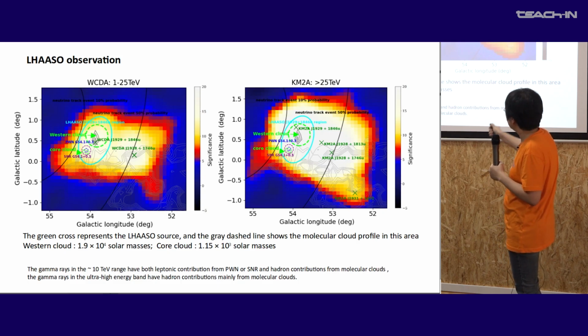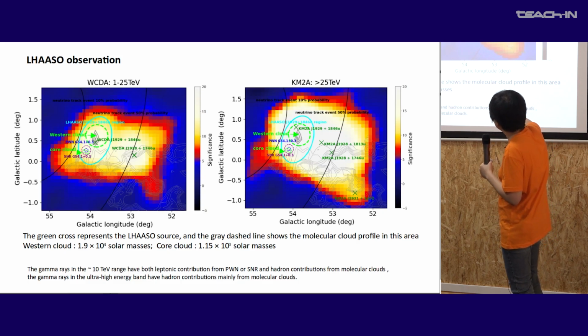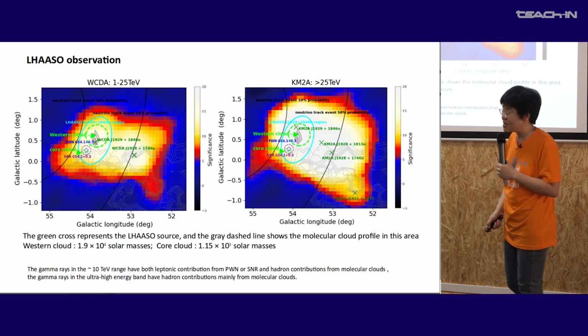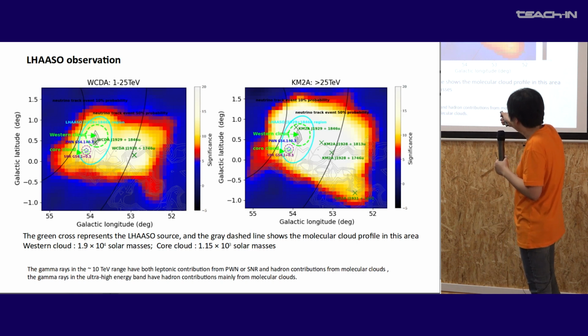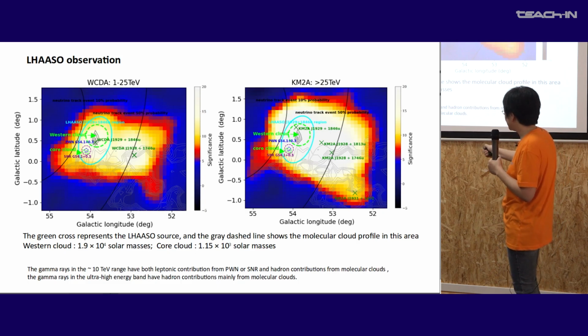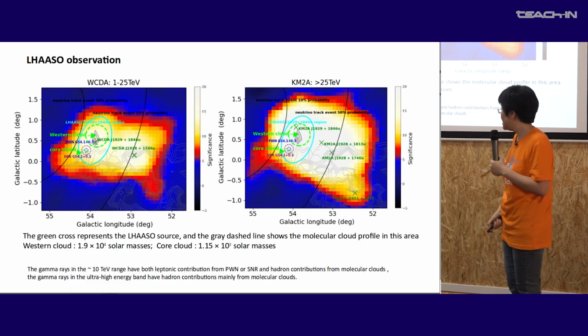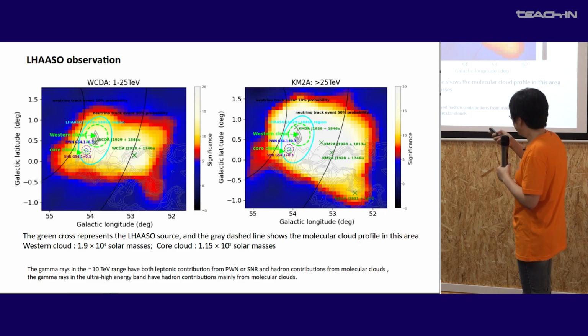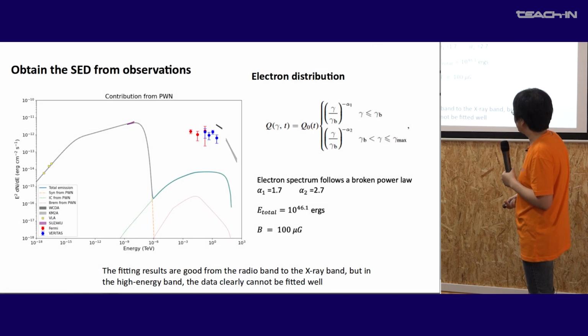The western cloud has a mass of 10^4 solar masses, and the other cloud, which overlaps with the pulsar wind nebula, has a mass of 10^3 solar masses, because it is a smaller region with fewer cold particles. Let's do the calculation.